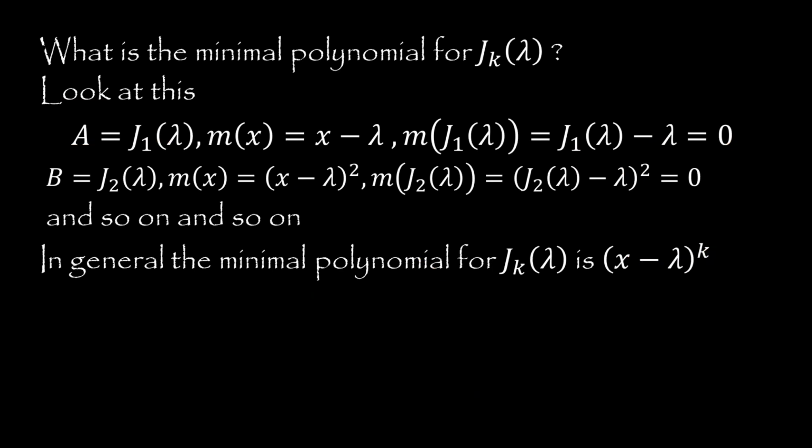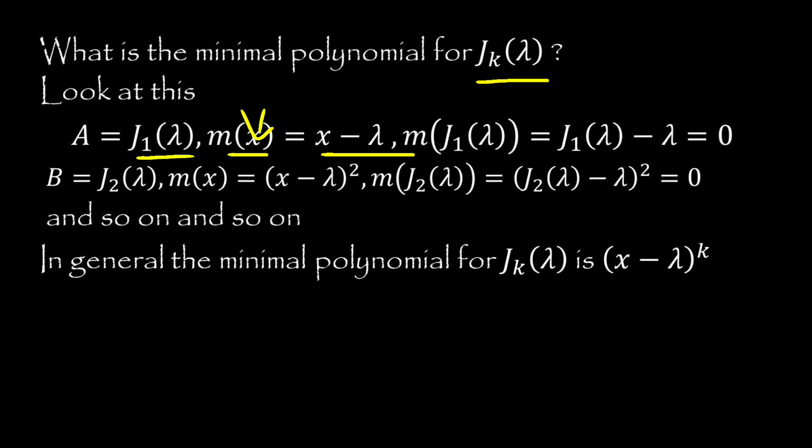So let's pose this kind of question here. What is the minimal polynomial for the Jordan block of size k? Let's look at this. If we let A be the first Jordan block, size 1, then its minimal polynomial is given by x minus alpha, the eigenvalue.